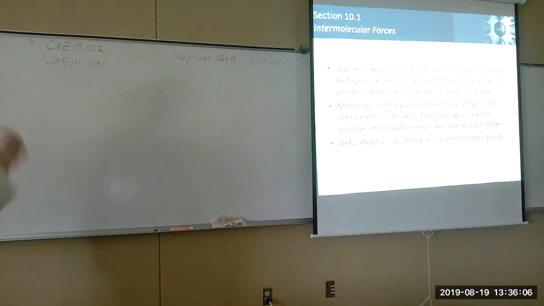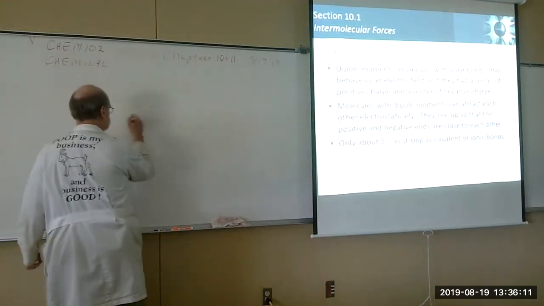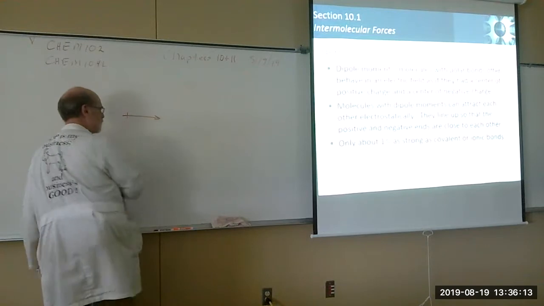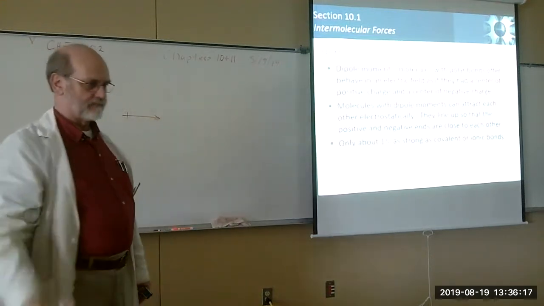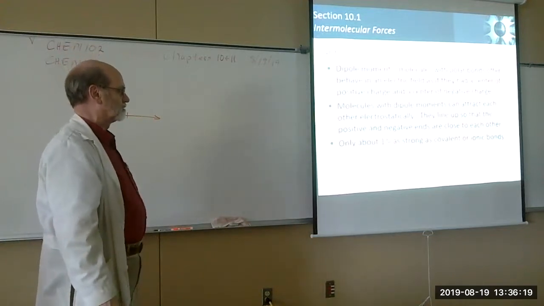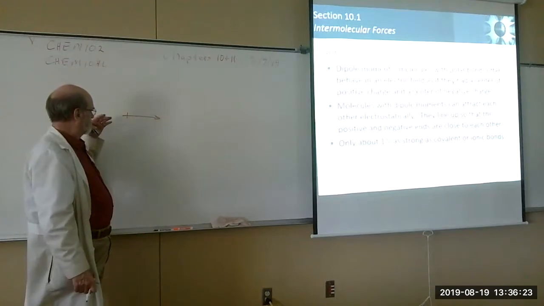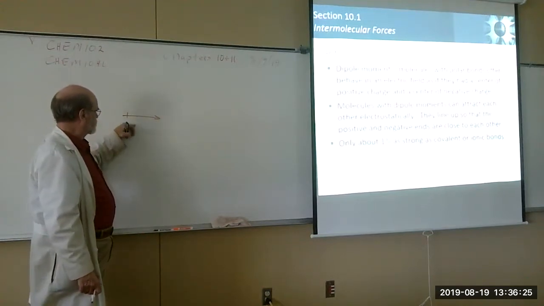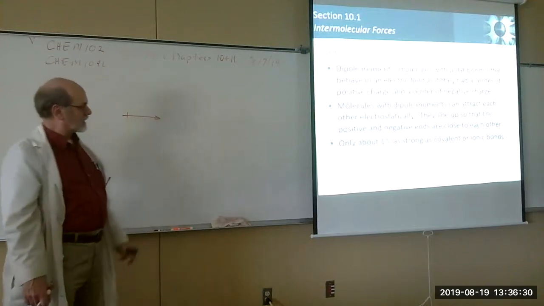Dipole forces. This is the arrow that I gave you before, which expresses what's called a dipole moment, and that just means that's a fancy word for slight redistribution of electron density.